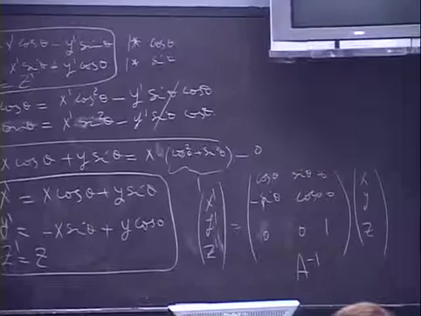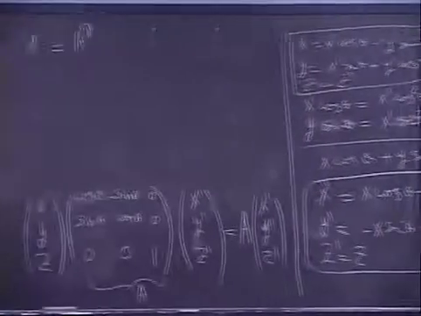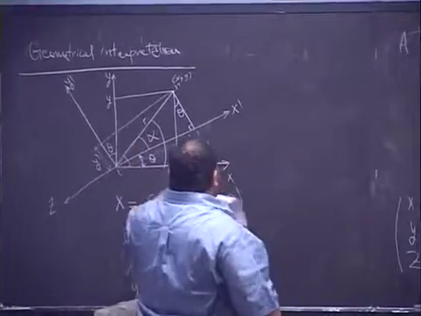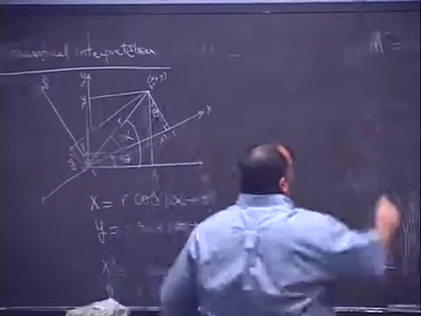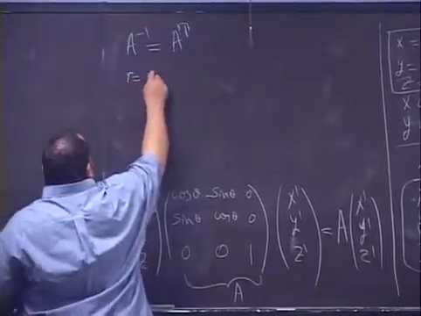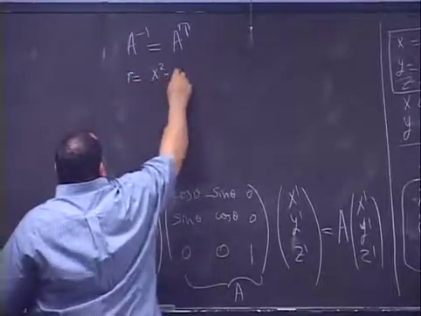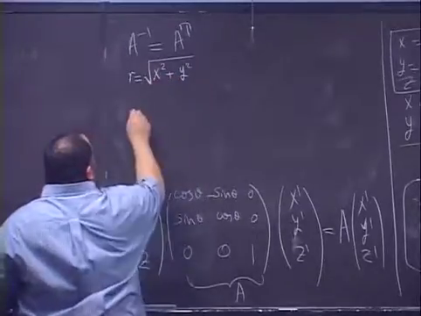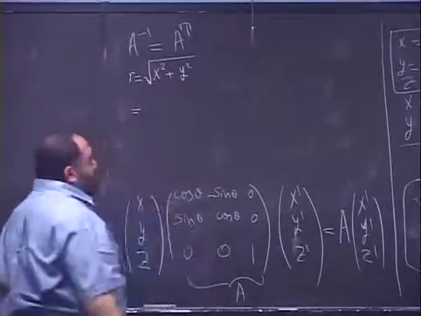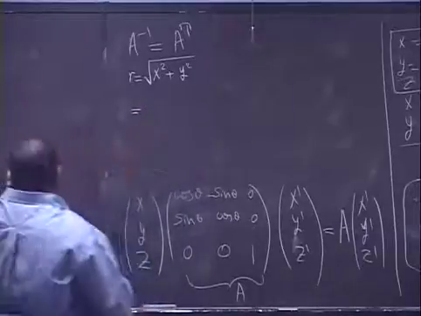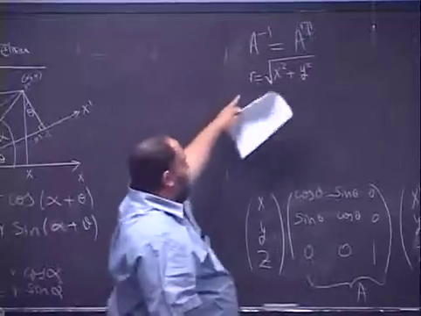And if you look at the norm of the vector r in the xy coordinates, what's the norm? R is equal to what? X squared plus y squared under the square root. Now, if we want to see this norm in the x prime, y prime domain, it is equal to r, yes?